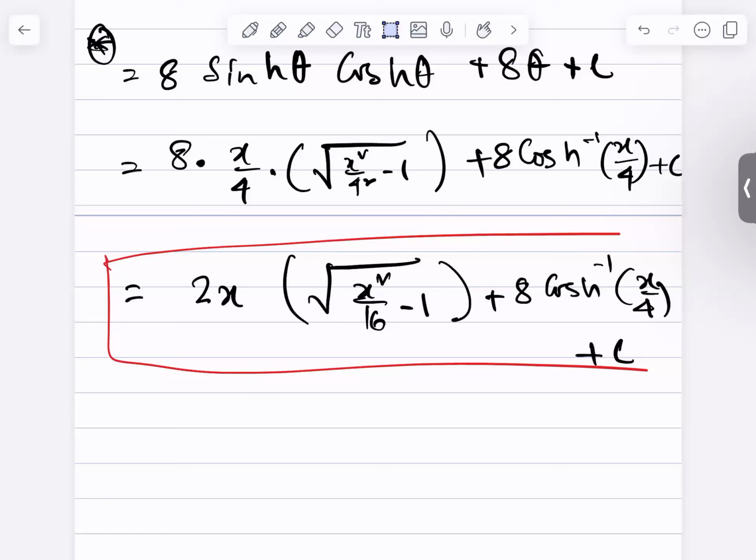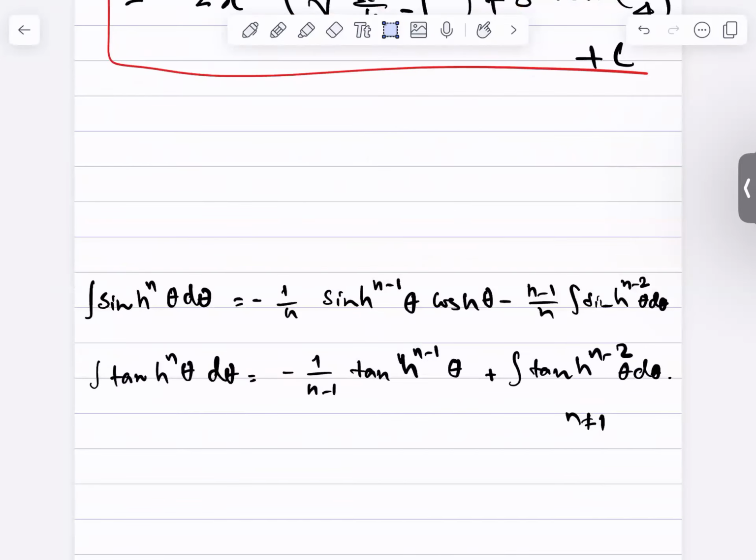And for the sake of completion, these are the other two reduction formulas for hyperbolic functions. I hope that you do not need anything more to solve the problems in homework 4 regarding hyperbolic functions. But still, if you feel some difficulty in solving those, let me know. Meet me in the office hours.